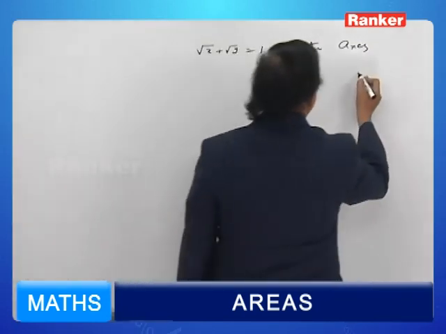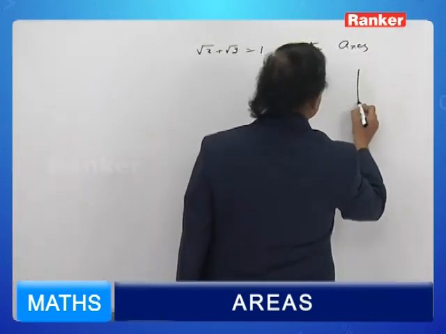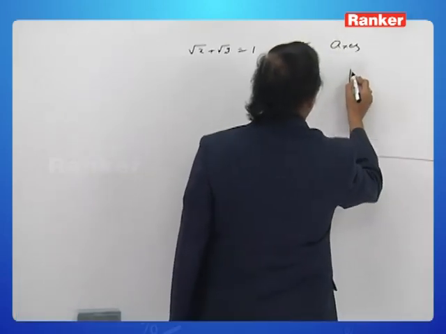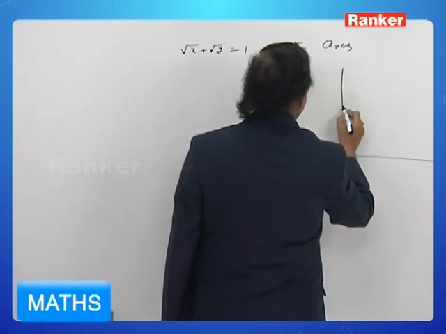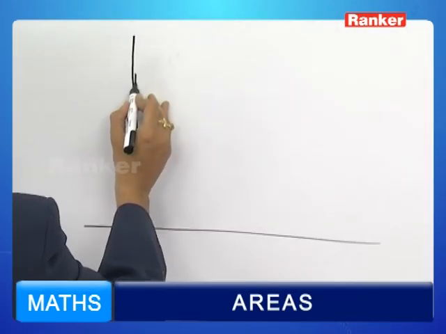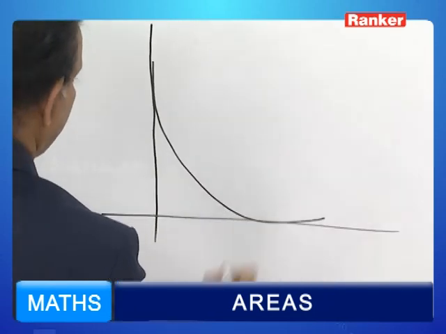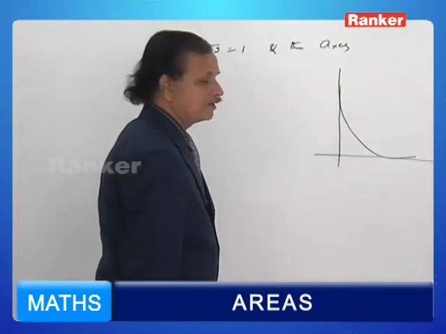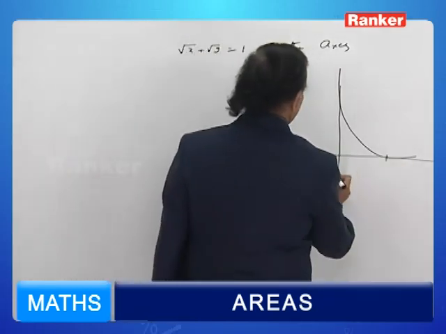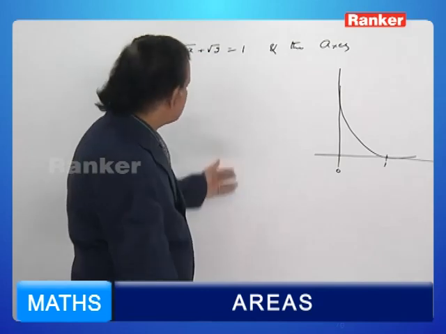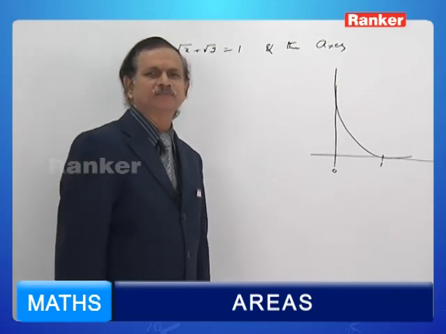Therefore, the curve will be like this. This is 1, this is 0. A very, very simple diagram.